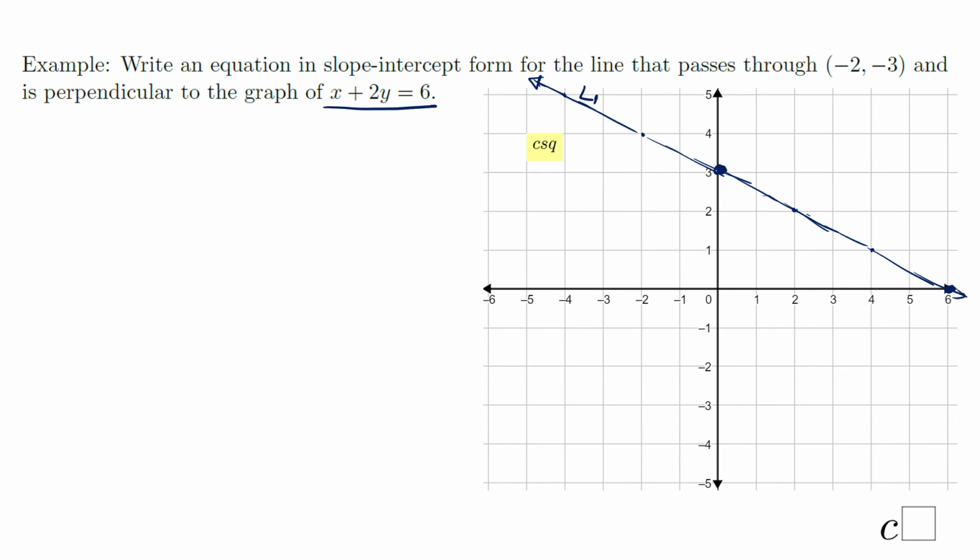And now we have the second line, through negative 2 and negative 3, right here. And this one is going to have a slope of 2, the negative reciprocal of negative 1/2.